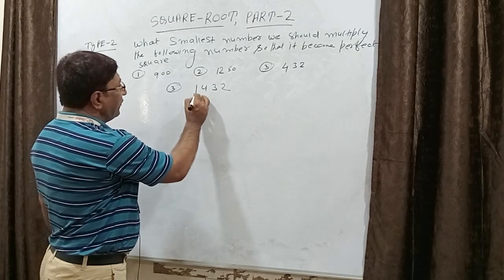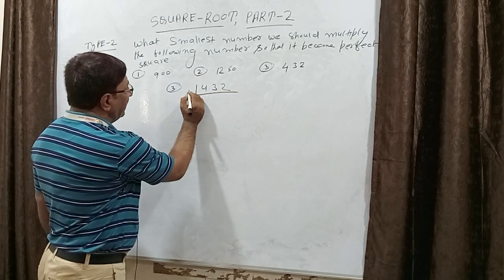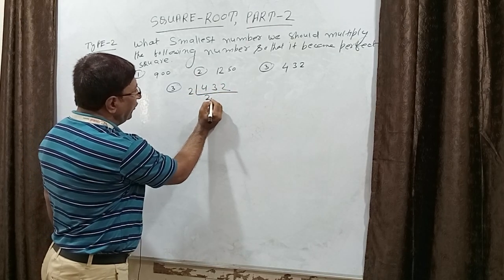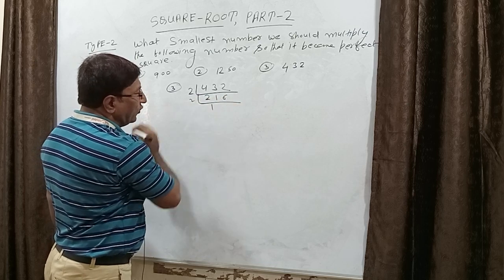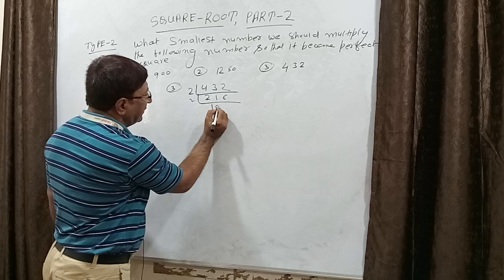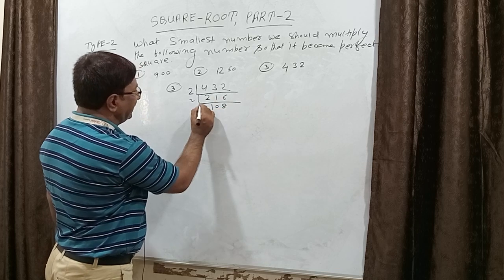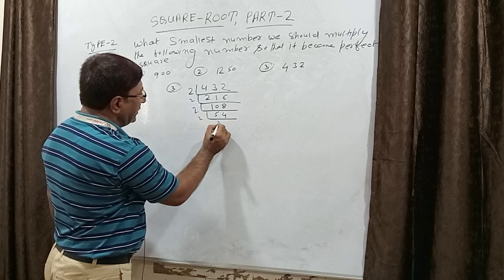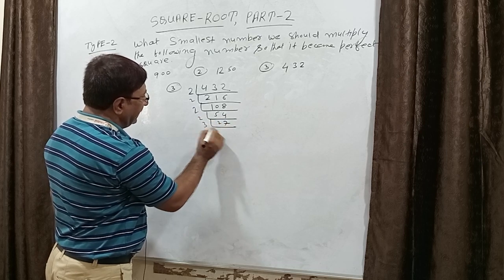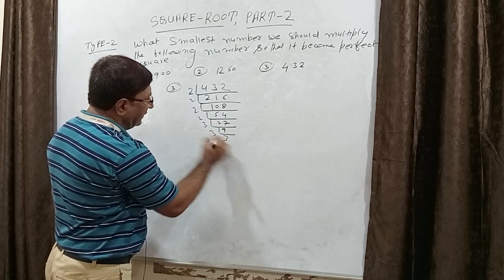So we are making factors. This is even, so divide by 2. 2 2s are 4, 2 1s are 2, 2 6s are 12. Again 2 1s are 2, here 1, so put 0, now 16, 2 8s are 16. Again 2 5s are 10, 2 4s are 8. This is 27, this is 3 9s are 27, 3 3s are 9.